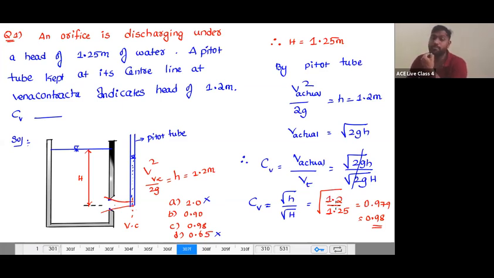A root of any value less than 1 will be more than that value. If I say root of 0.95, that value should be more than 0.95. So the answer should be more than 0.95. What is the answer? The answer is going to be 0.98. I hope you understood.